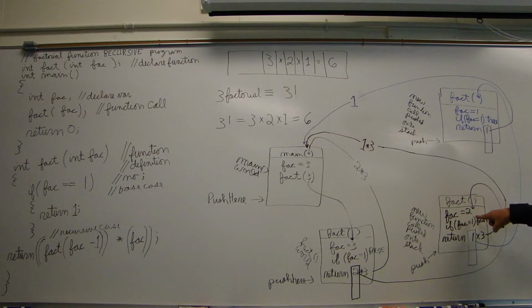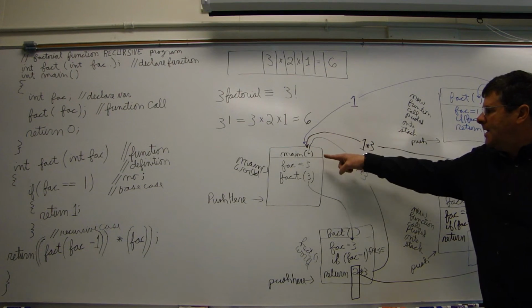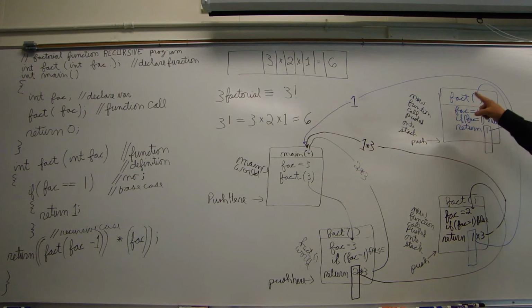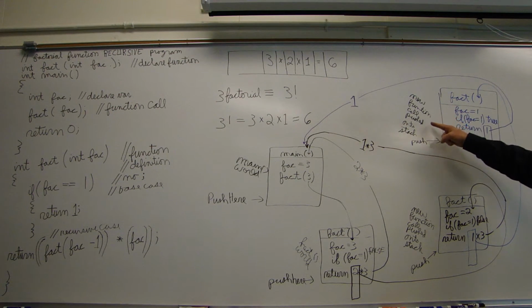And this test occurs, this is false, so we go to the recursive case, and the 2 is now reduced to a 1, and return 1 times 3 to the main, and also this 1 is used in a new function call pushed onto the stack.